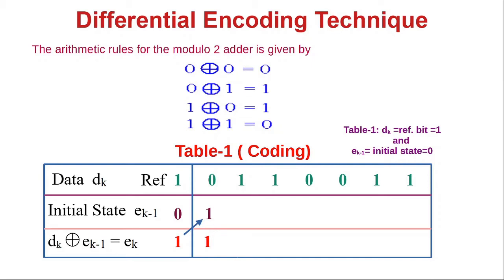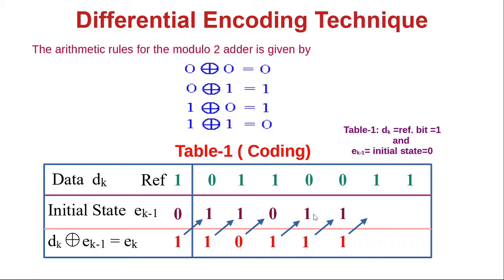Next, again the initial state will be 1, so ek will be 1 exclusive or 1, that is 0. The next initial state is 0, so ek will be 1 exclusive or 0, that is 1. Next initial state will be 1, so ek will be 1. Next initial state ek minus 1 again 1, so ek will be 1.